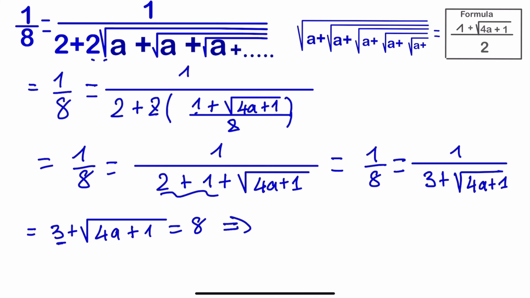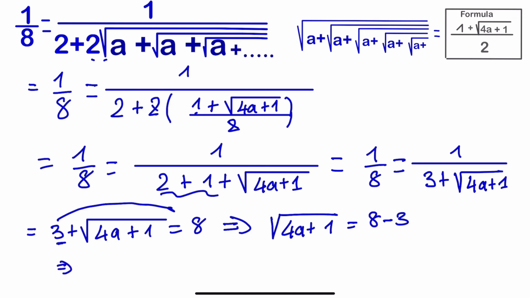So this 3 will cross and become minus. We'll be left with the square root of 4a plus 1 should be equal to 8 minus 3, which is 5.